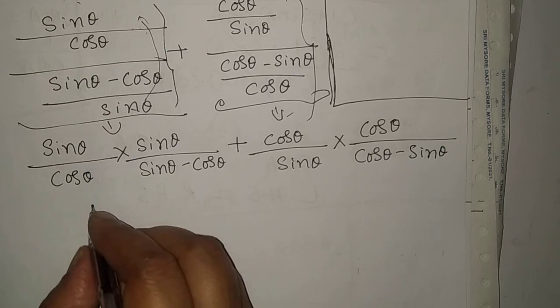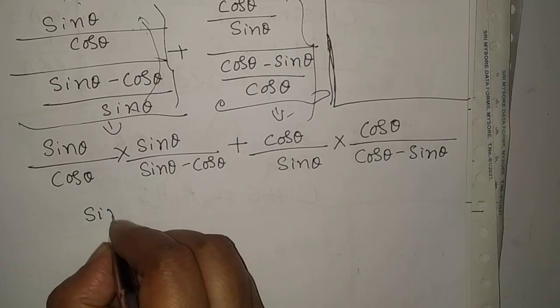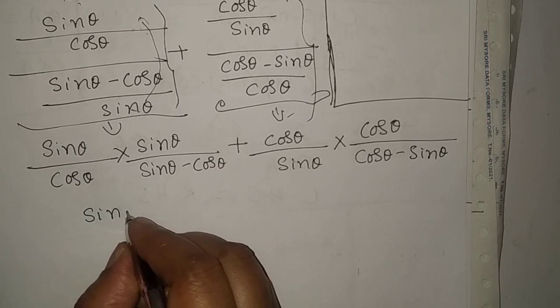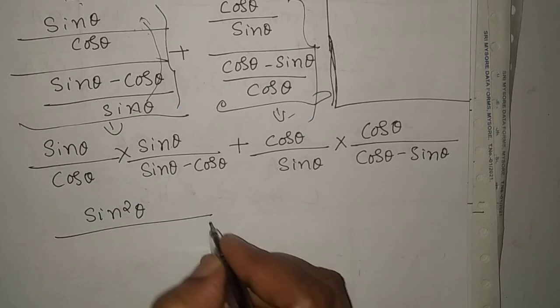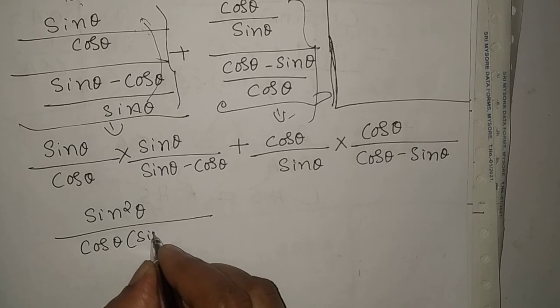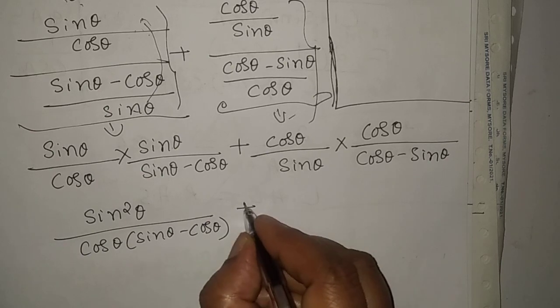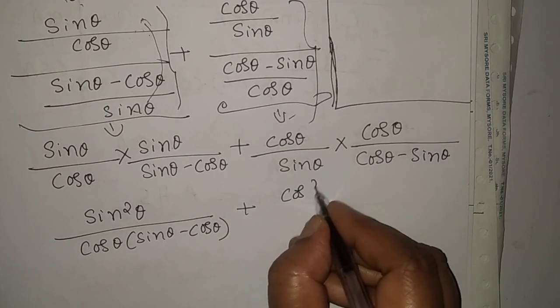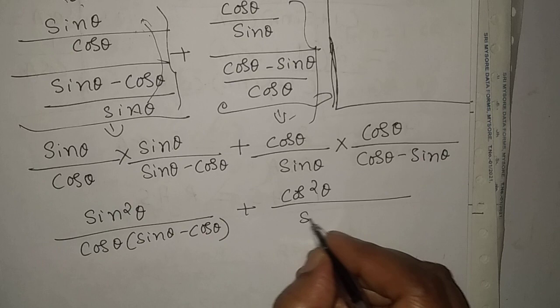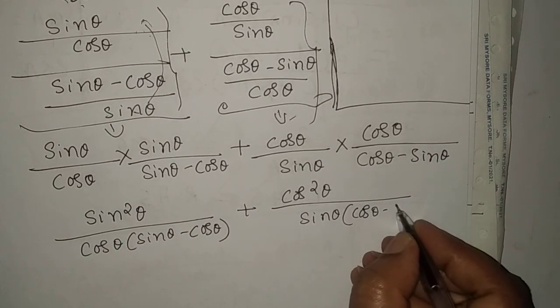Then next is sin square theta by cos theta into sin theta minus cos theta, the whole thing, plus here also cos square theta by sin theta into cos theta minus sin theta.